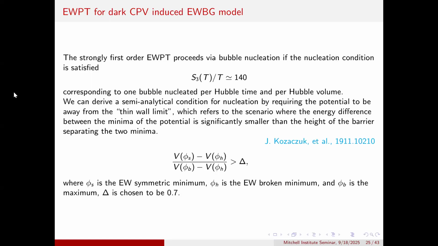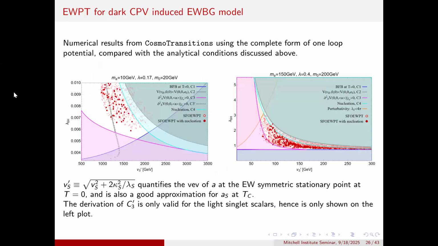So this puts a quantitative condition for nucleation. So putting all this together, all these lines are from the analytic study we just went through, and the shaded area is excluded by these analytic conditions. The red solid points are the strong first order phase transition points with nucleation. Others are without nucleation, but with a first order phase transition.